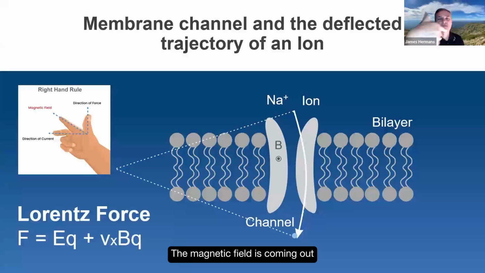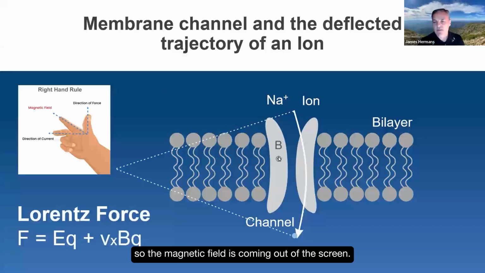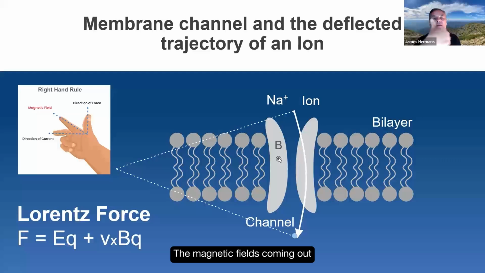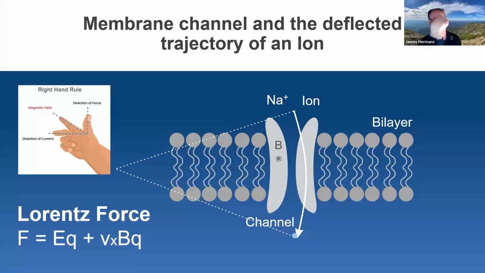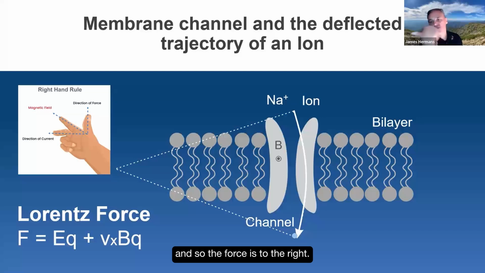So the magnetic field is coming out. You can see the circle there. So the magnetic field is coming out of the screen. The current, or the direction of the ion, is coming down, and so the force is to the right.